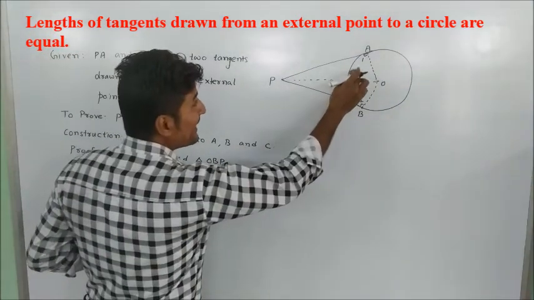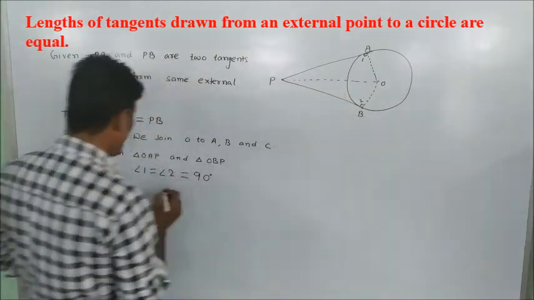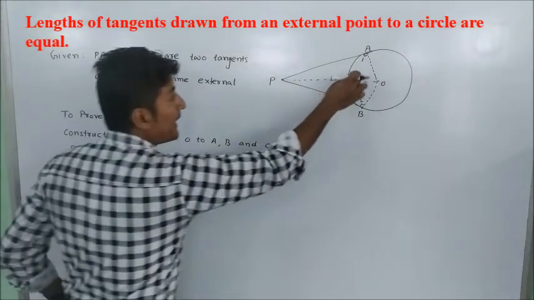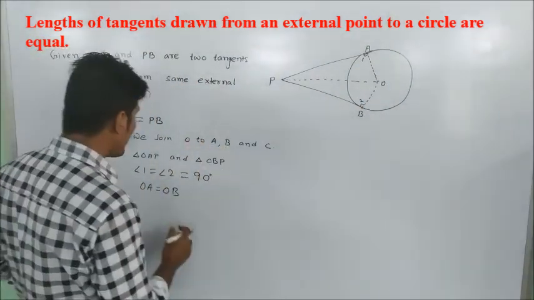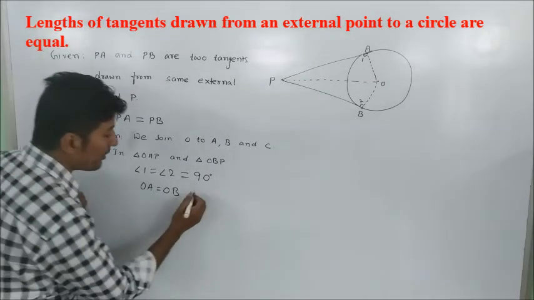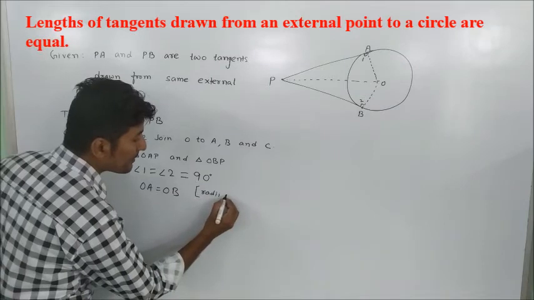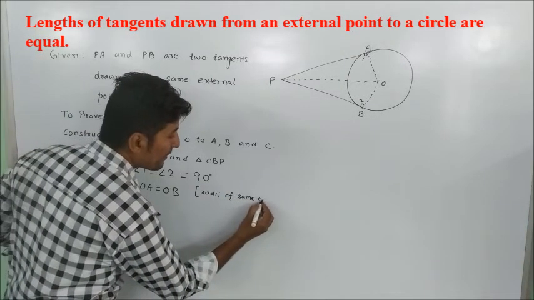After that, in this triangle we have OA, in this triangle we have OB. OA is equal to OB, because OA and OB both are the radii of the same circle. That's why both are equal.